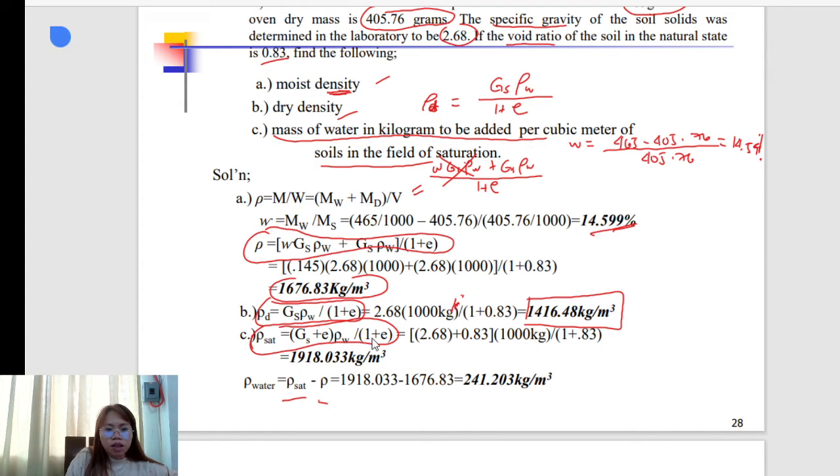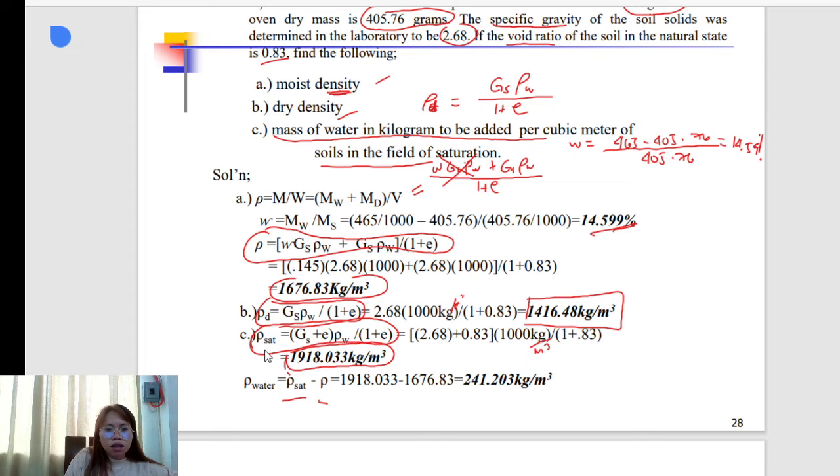So these values are given: 2.68 the specific gravity plus void ratio 0.83 times 1000 kilograms per cubic meter, because this is density, divided by 1 plus 0.83, so the value of the saturated density is 1000.